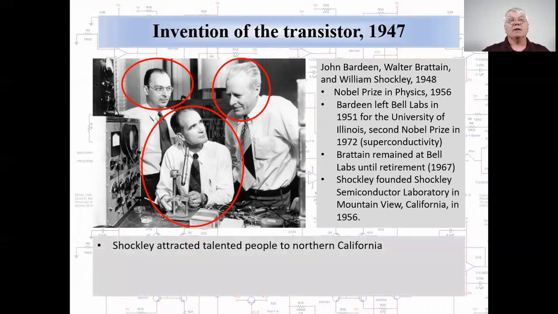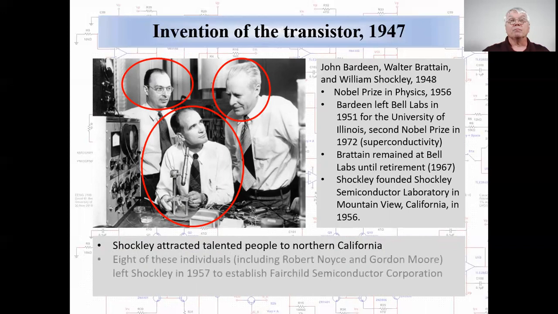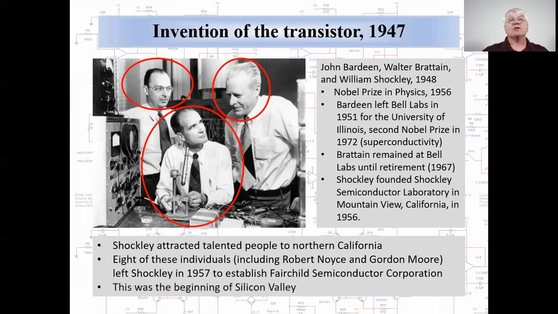Shockley hired talented people and brought them to Northern California, but management and personality disputes led 8 of them, called the Traitorous 8, to leave Shockley and start a rival company sponsored by Fairchild Camera and Instrument Company. People branched out from Fairchild to launch many other ventures, including, you may have heard of this one, a small company called Intel. Anyway, this was the origin of Silicon Valley.